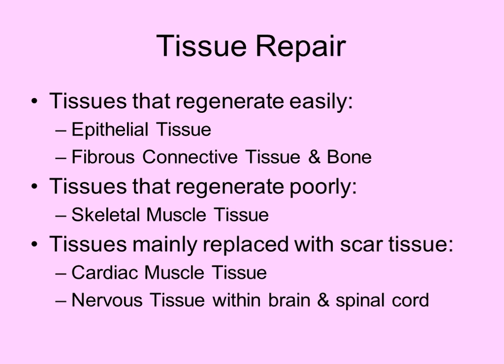So one thing you should realize is that if you damage your nerve tissue, that's usually not going to grow back, right? Or same with your cardiac muscle tissue. If you have a heart attack and part of your heart muscle dies, it's going to be replaced by scar tissue and not likely be able to regenerate and form new tissue back to the way it was originally.